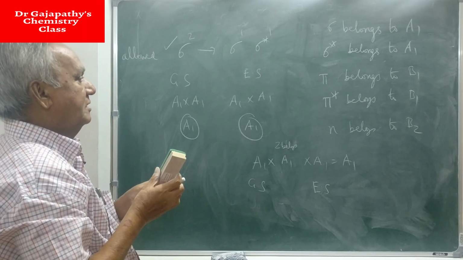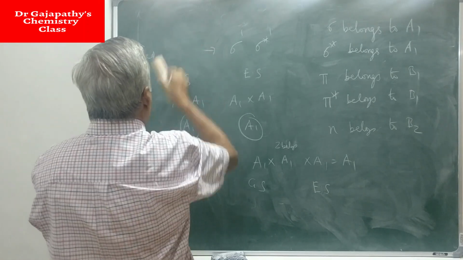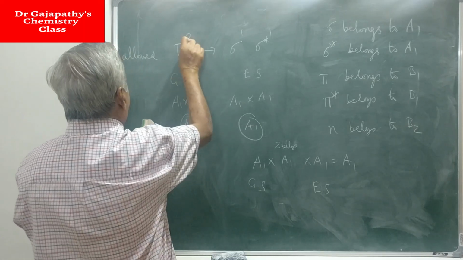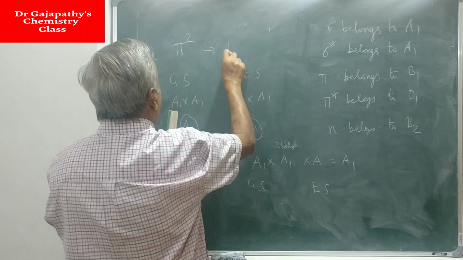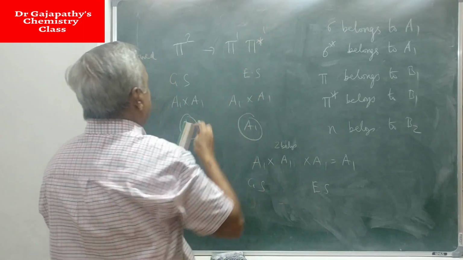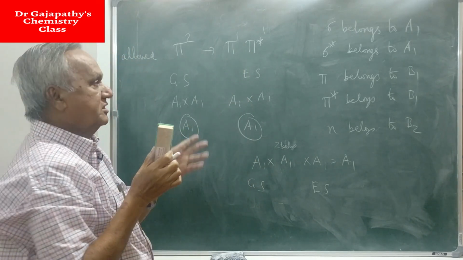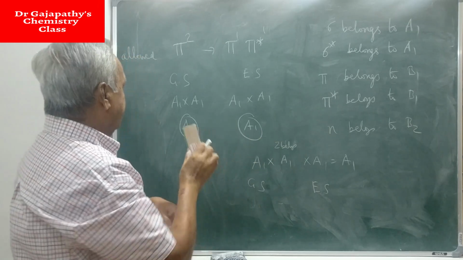Similarly, let me find out about the pi to pi star transition. So my ground state is 2 electrons in the pi orbital. My excited state is 1 electron in the pi orbital and 1 electron in the pi star orbital. Find out the symmetry. Pi orbital belongs to B1 symmetry.